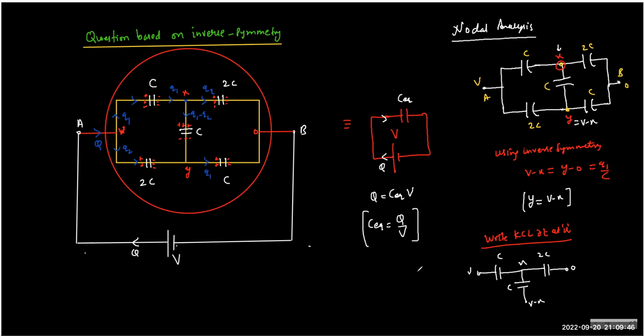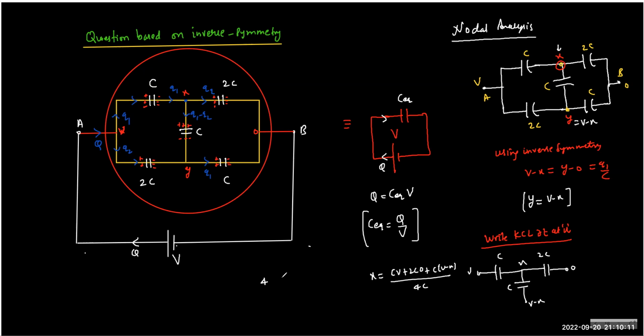So now is it easy to apply? CV plus 2C times 0, plus C(V minus X), upon 4C. Can you rearrange and get the answer? C is common, so I can remove the C also.